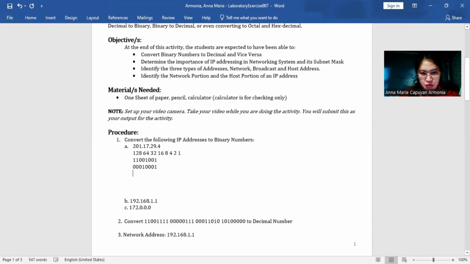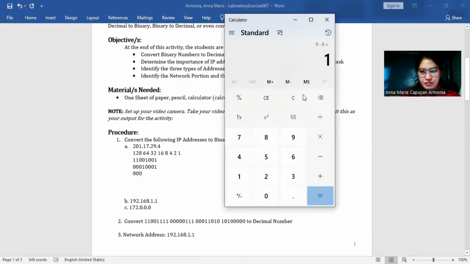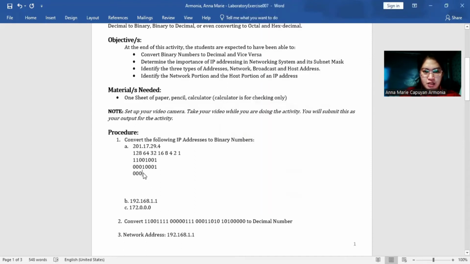So let's move to 29. 128 cannot be subtracted from 29, so let's put 0. Then 64 cannot be subtracted from 29, so 0 again. As well as 32. Then we deduct 16 from 29, so it would be 13, meaning we put 1 here.